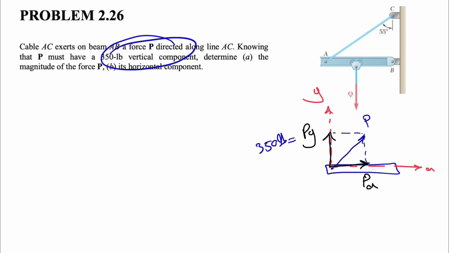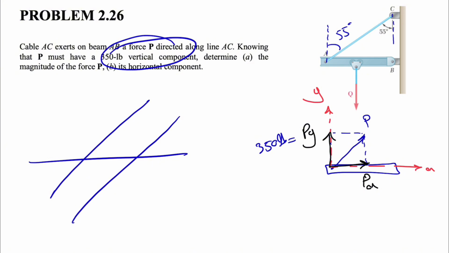In the question we have this angle right here, 55 degrees, and if that one is 55, this one over here is 55, because when we have two parallel lines and another line that is crossing these two, the angles will be the same, and as a result these are also the same.